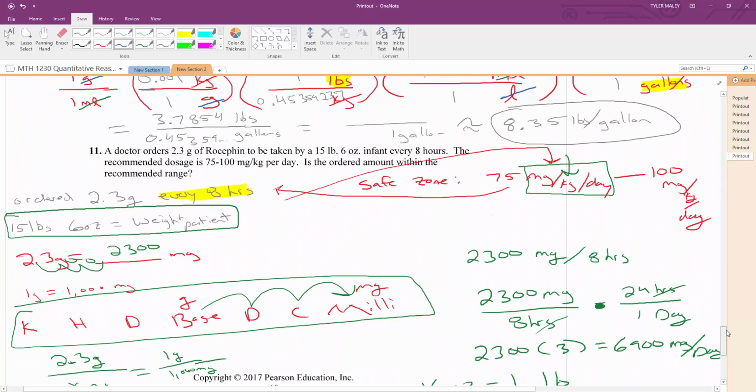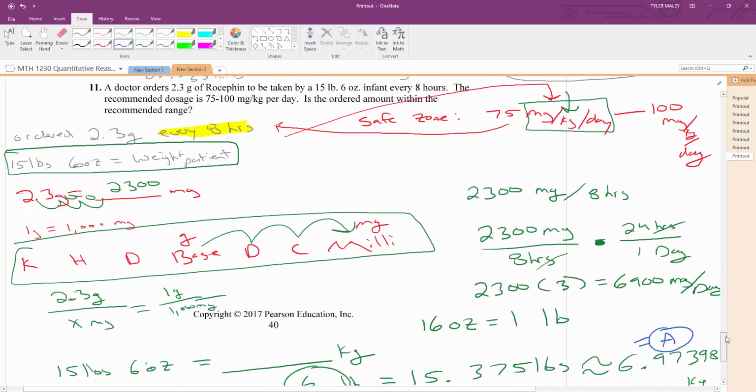If we come back up here, just to make sure we're not losing track of what we're trying to do: remember, I'm trying to get units of milligrams per kilogram per day.